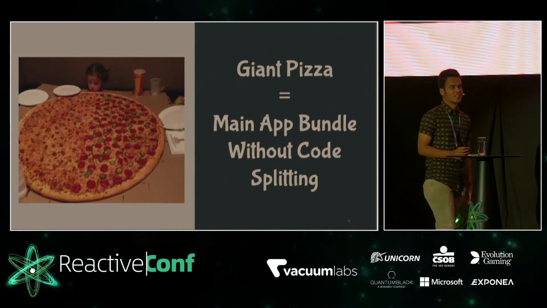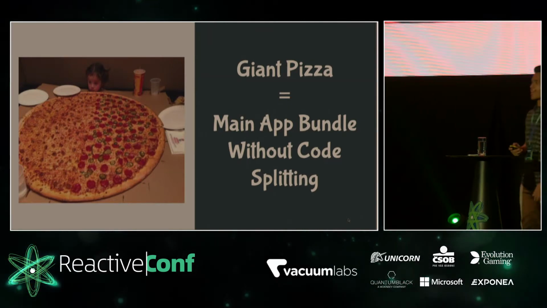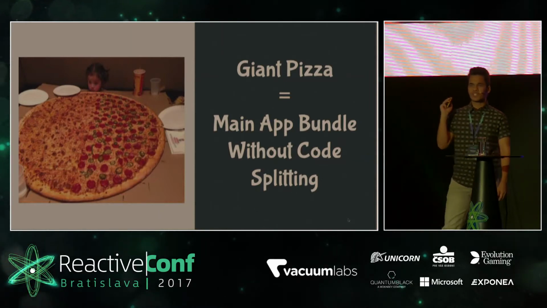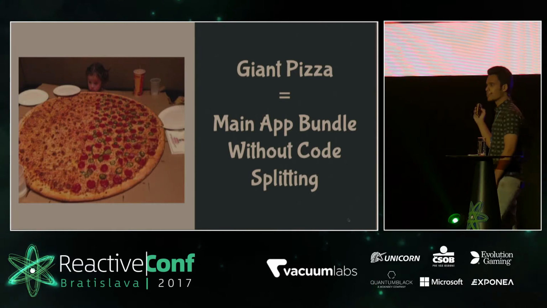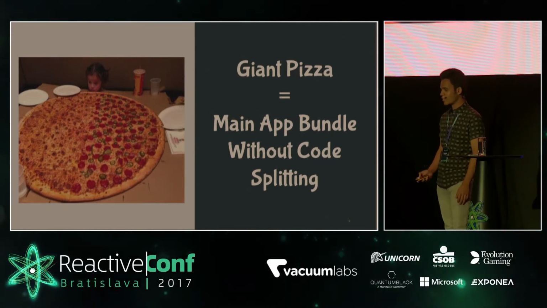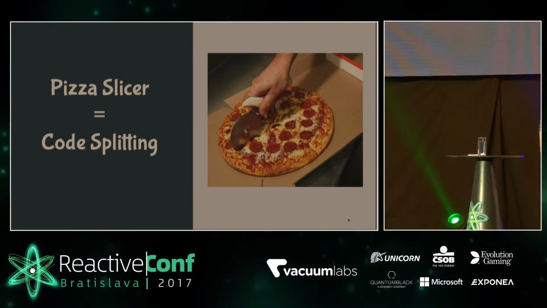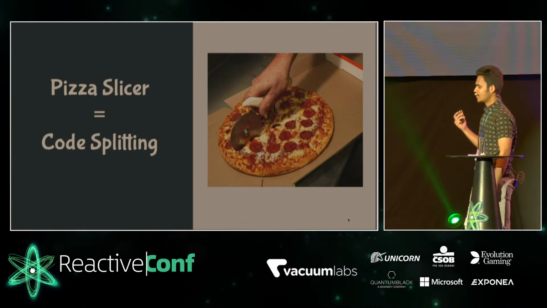Just imagine that you bought a big giant pizza and you ask the kid to grab it all at once. Now I can closely relate this giant pizza with my entire application's main bundle, which is not code split. So what will I do? Obviously, I'll take a pizza slicer, slice it, and give it to the kid.